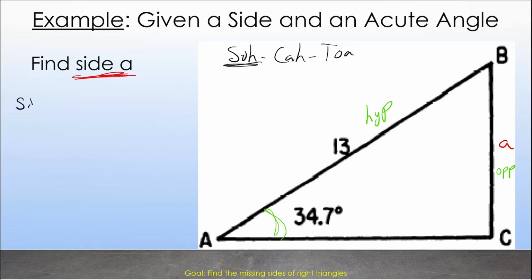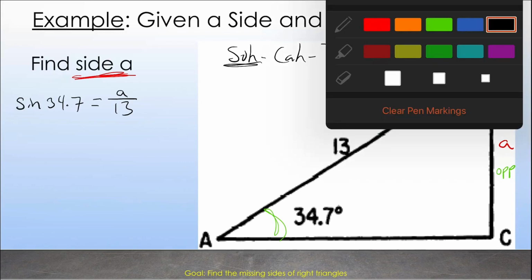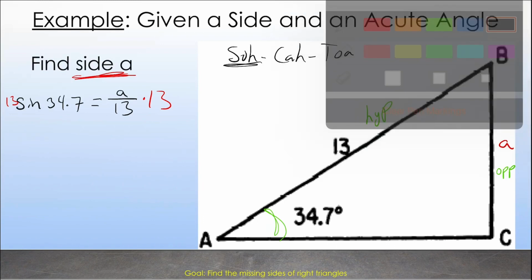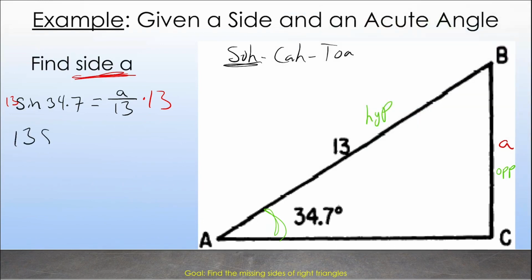So I can say the sine of 34.7 is equal to side A divided by 13. Well, I'll need to find that missing side A, so I'm going to multiply both sides by 13. And I get 13 sine of 34.7 degrees.